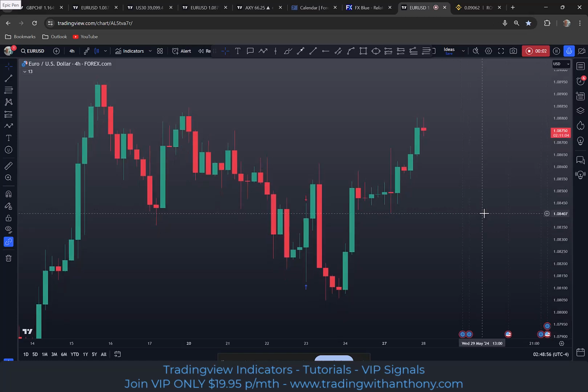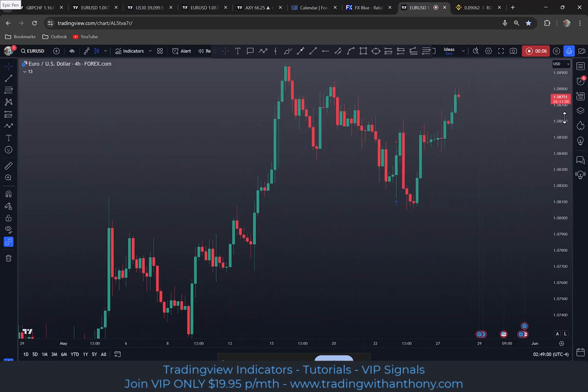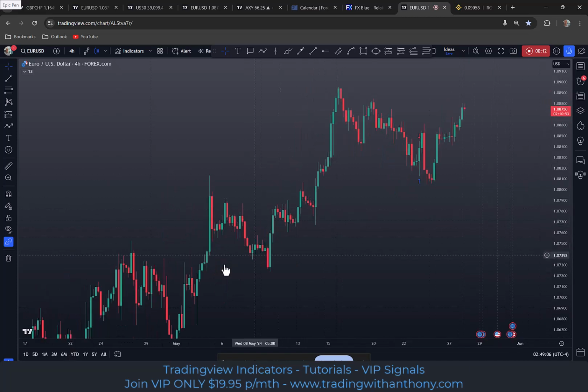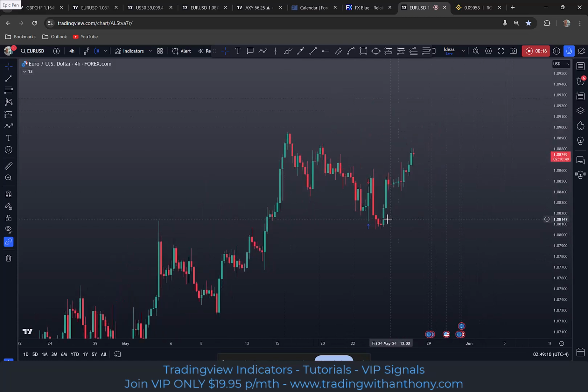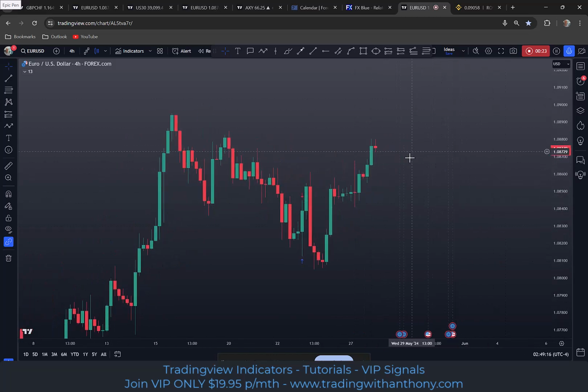Traders, Anthony here. I'm looking at the euro dollar 4-hour time frame. Okay, so we can see, if I scrunch up the chart, this is in a bullish trend, and on the daily you would see rally, retrace, expansion, retrace, and now we're looking at this leg to the upside starting to shape up.